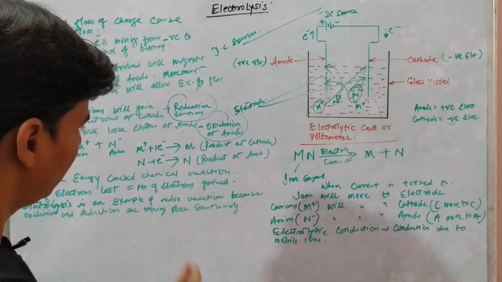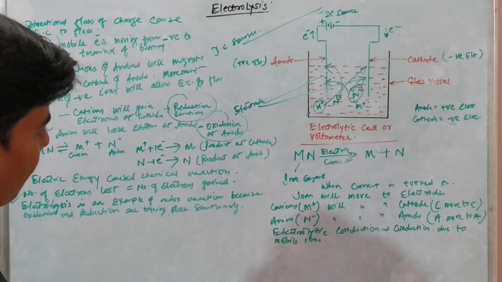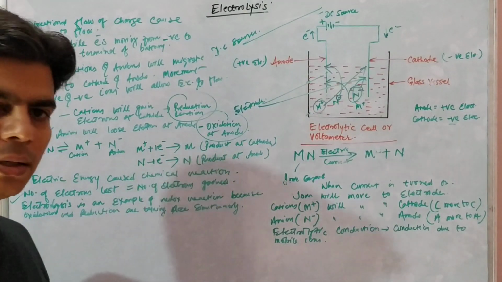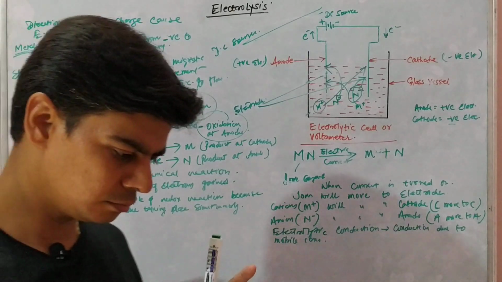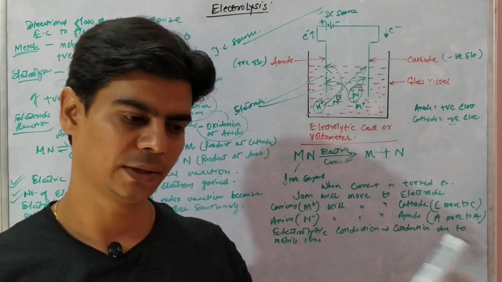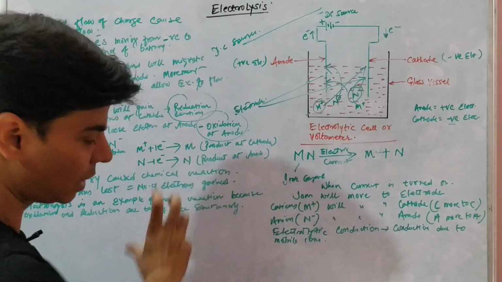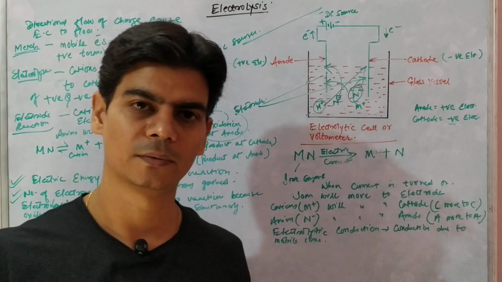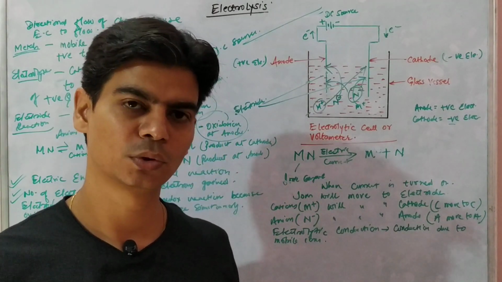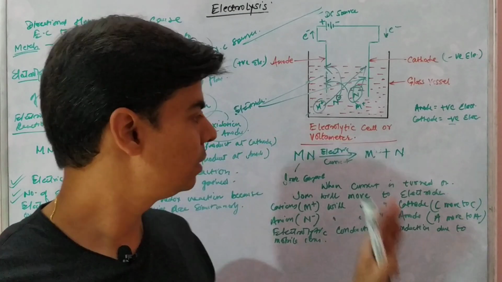Now, one more important point: since these products are formed at the anode and cathode, the products that are deposited or formed there would be directly proportional to the quantity of electricity passing through the electrolyte.